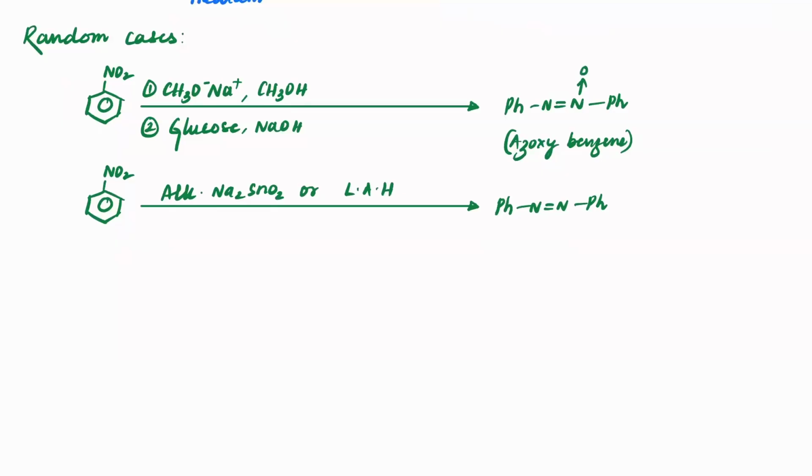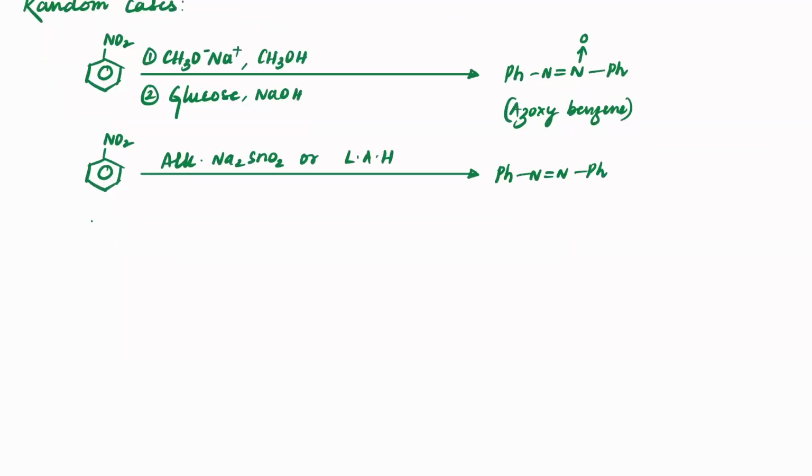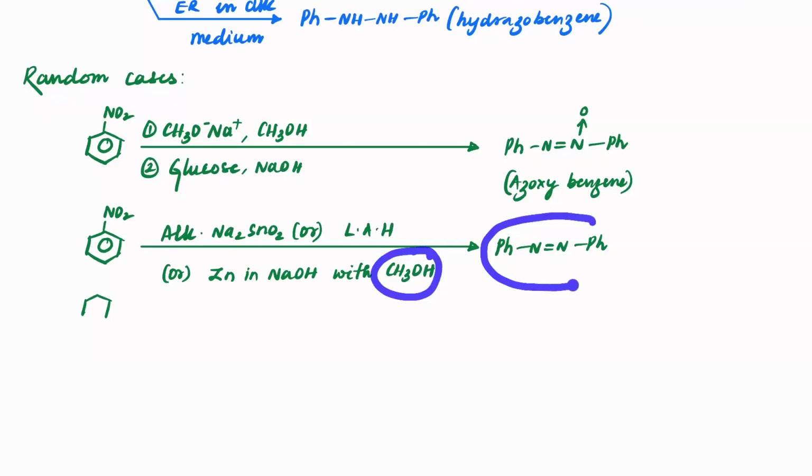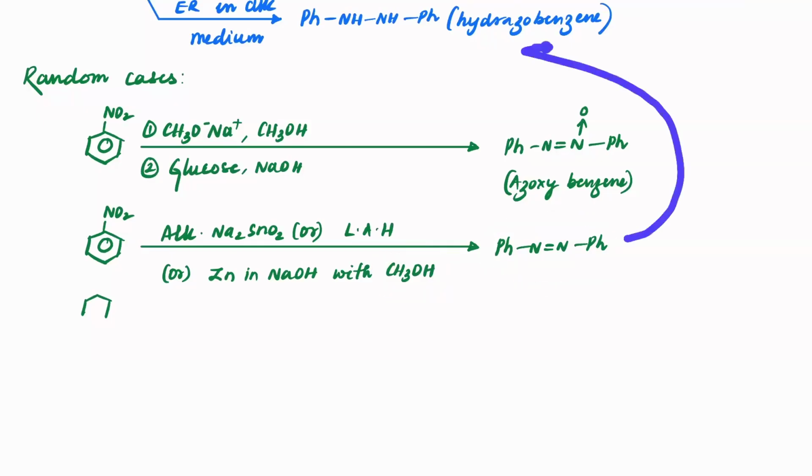And I forgot to mention zinc also. Zinc in NaOH with CH3OH. The CH3OH will control it and does not let it convert into hydrazo. So it will stop at this position only. Got it?